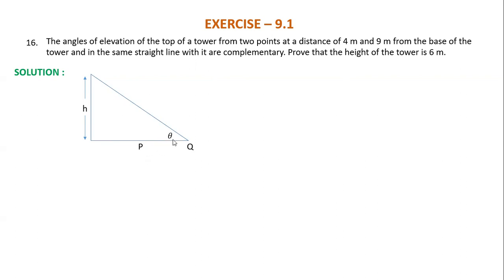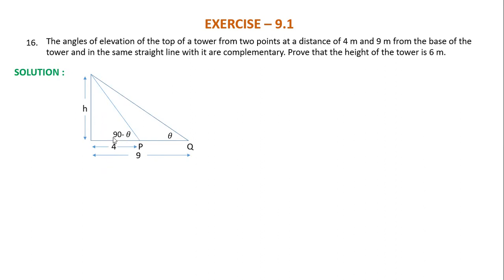This angle is theta. This angle is 90 minus theta because they are complementary to each other. This distance is 4 meters. This distance is 9 meters. Complement means the total of these two angles, this angle plus this angle, is 90. Therefore, if this is theta, this should be 90 minus theta.